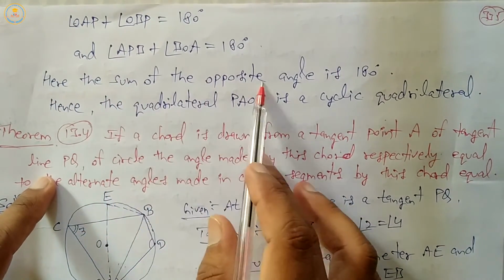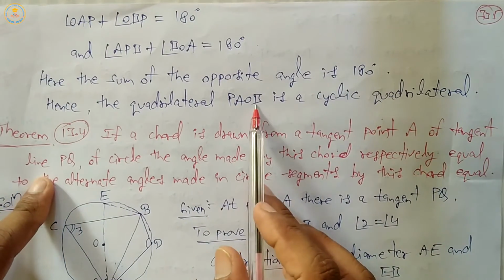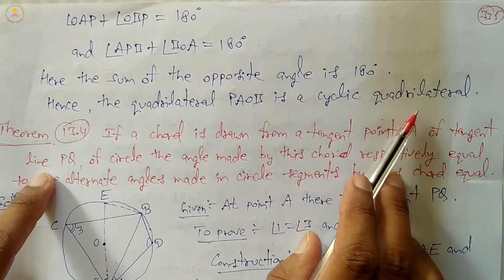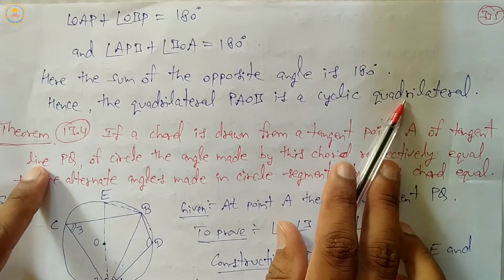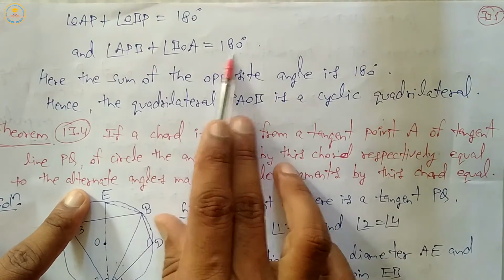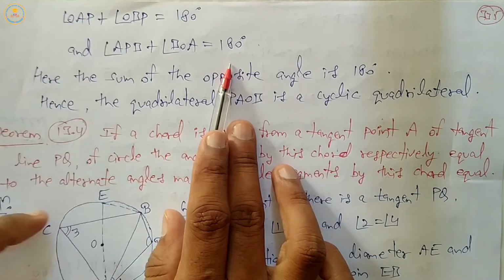Here the sum of the opposite angles is 180 degree. Hence the quadrilateral PAOB is a cyclic quadrilateral. Why? Because in a cyclic quadrilateral the sum of opposite angles is 180 degree, and here we prove the opposite angle sum is 180 degree.